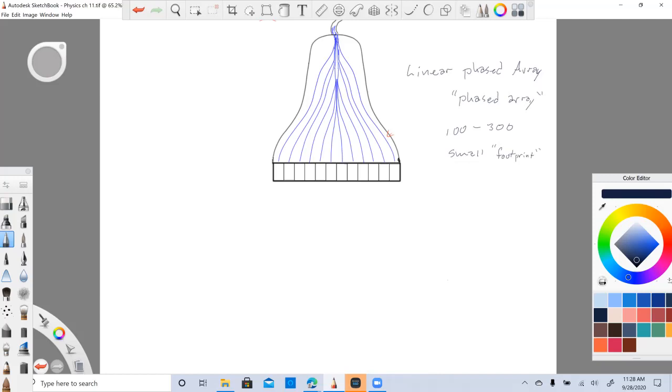These elements are side by side, rectangular and narrow. The width of each element is 1/4 to 1/2 of the sound's wavelength. So the width, 1/4 to 1/2 lambda.